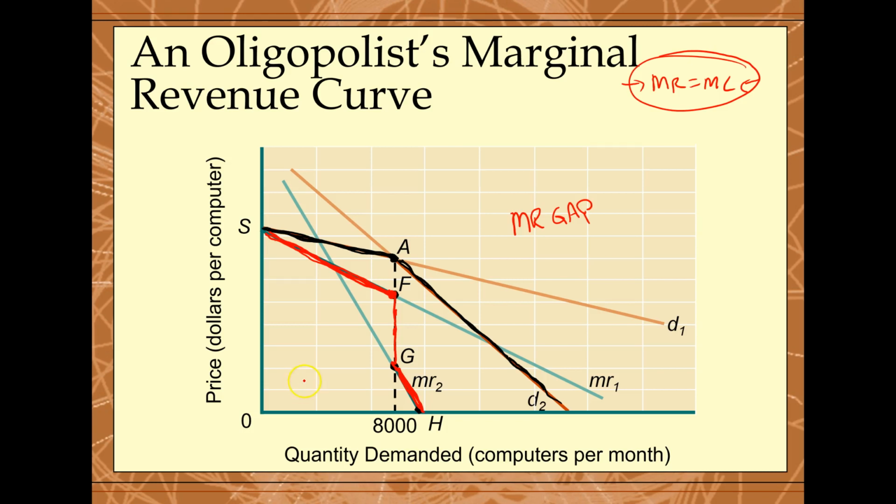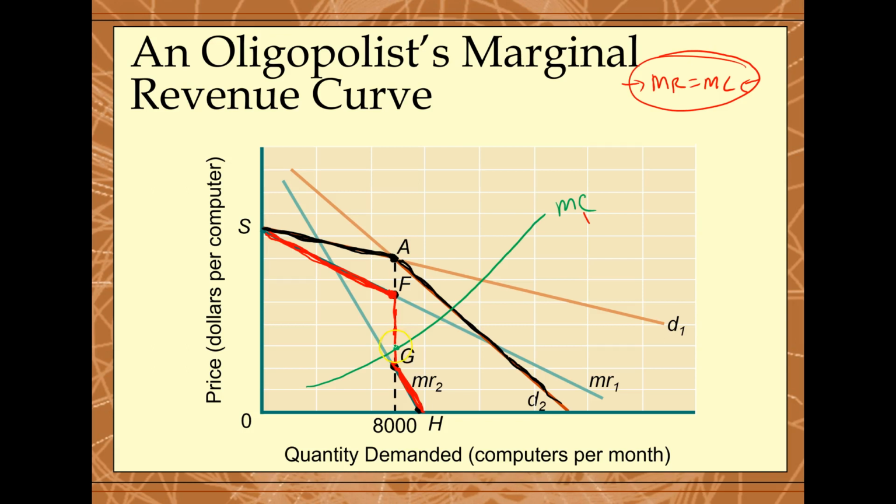If we draw, let me get another color, I'm going to use green. If we draw a marginal cost curve that looks like this, well, we find where MR equals MC, and that's where they cross, right here. See this?